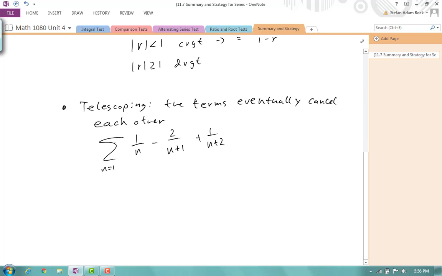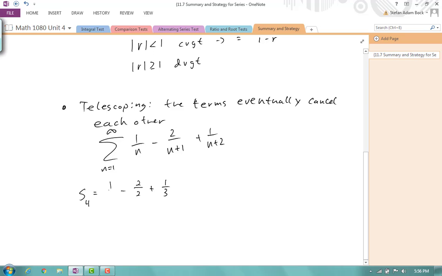If I start at n equals 1 to infinity, then my partial sums, we'll look at s sub 4 for example, is equal to 1 minus 2 over 2 plus 1 over 3.